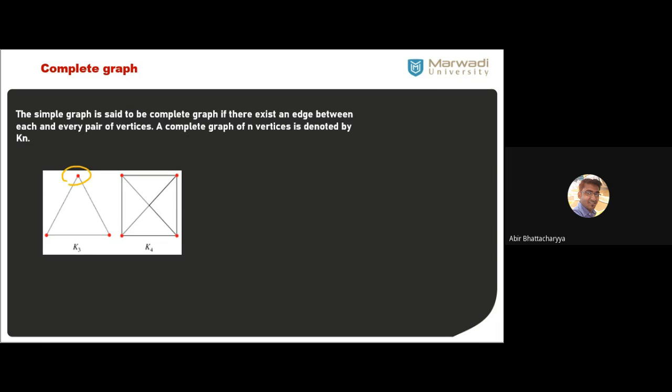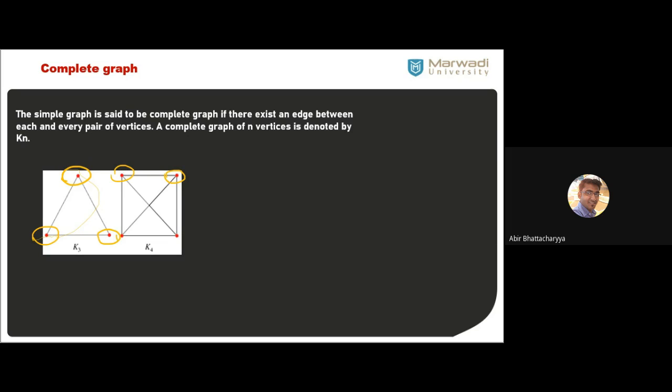This is number 1, number 2, and number 3. All 3 vertices are connected to each other. Okay, so it's a K3. Similarly, in K4, all 4 vertices are connected to each other.